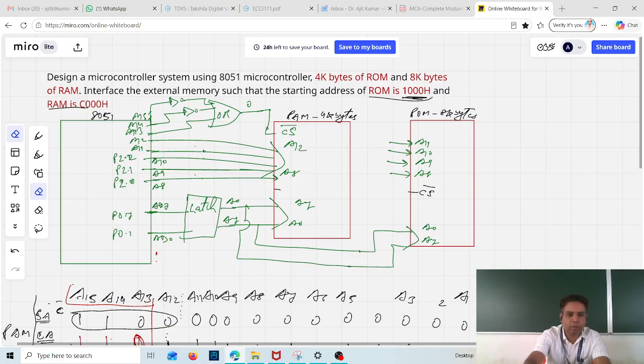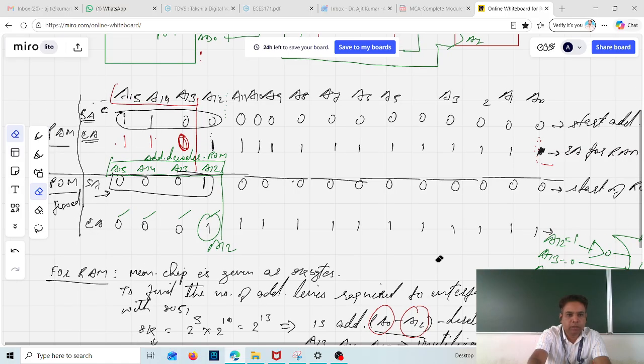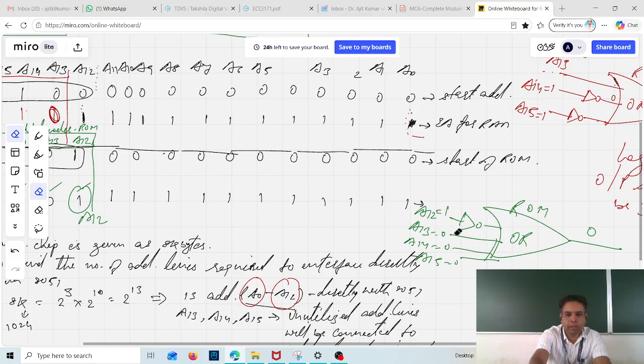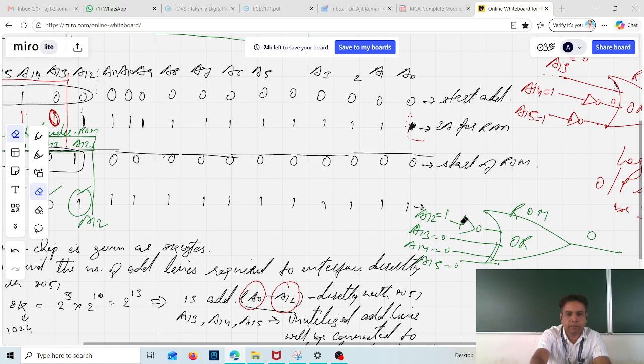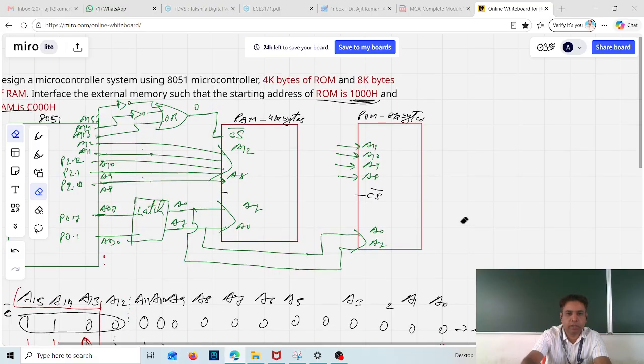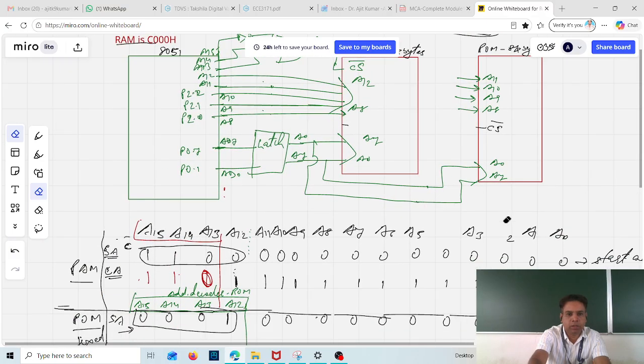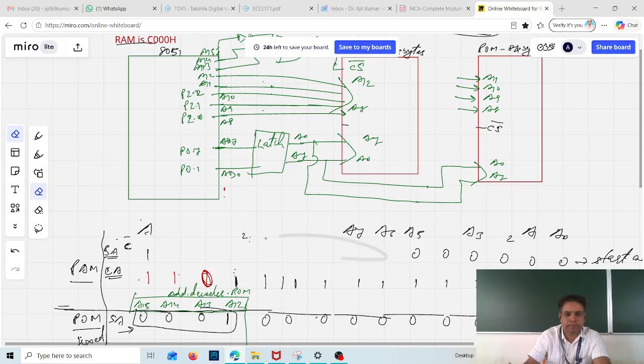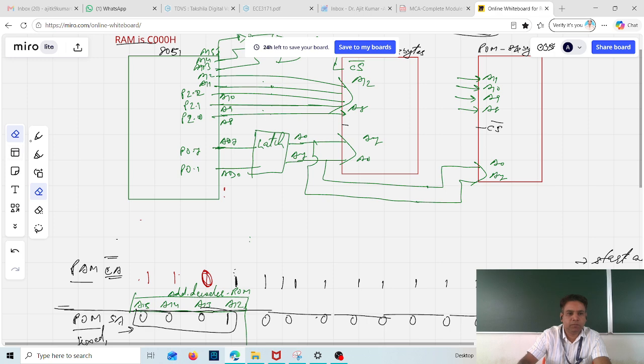Now similarly for the ROM, the unutilized were 13, 14, 15, and we have already drawn here. A12 is connected through the NOT gate, and the rest, 13, 14, 15, are connected. So I'll draw one more OR gate here. A12 from here will come through the NOT gate.